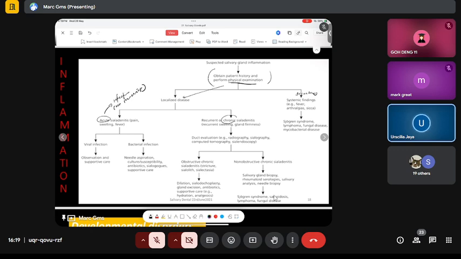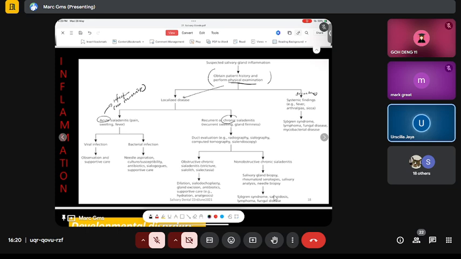Then you treat accordingly. If it's a stone, stasis or a stricture, that's when we go into sialendoscopy, which is basically putting a camera through the duct. First you dilate the duct, then you put a camera in, and if there is a stone, you remove the stone.